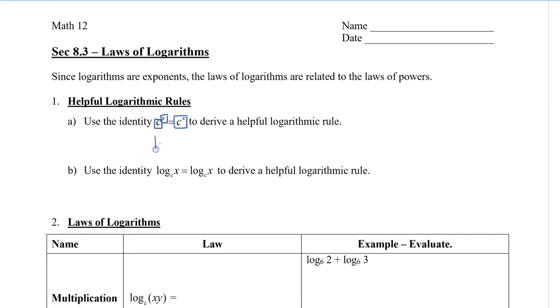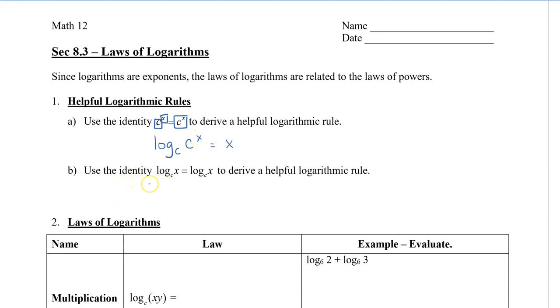So we have log, and our base is c. Our value that we log here is c to the x, and that's equal to our exponent, which is x. So this is quite helpful because we can see that if the base and the value that you log are the same number, then the answer to this log is the same as whatever the exponent is in the question.